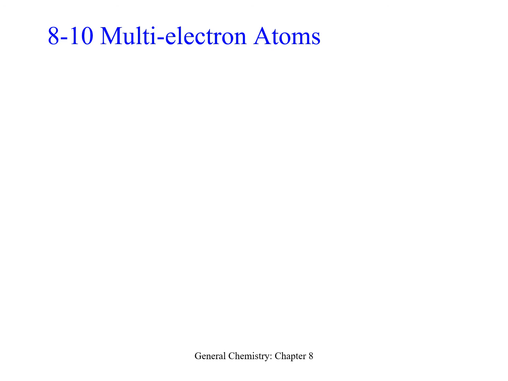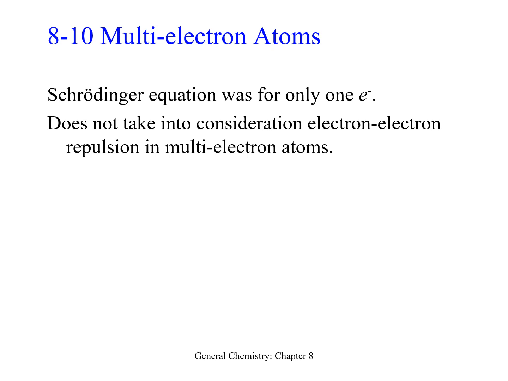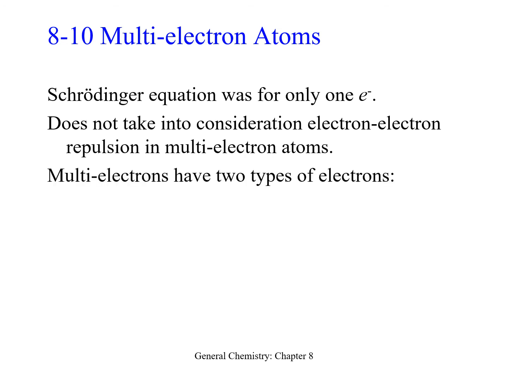Looking at multi-electron atoms, of course, Schrodinger's equation was for only one electron, and it does not take into consideration electron-electron repulsion. Because electrons are of like sign, they're going to repel each other, and so we have core electrons and we have valence electrons. Multi-electron atoms have two types of electrons.